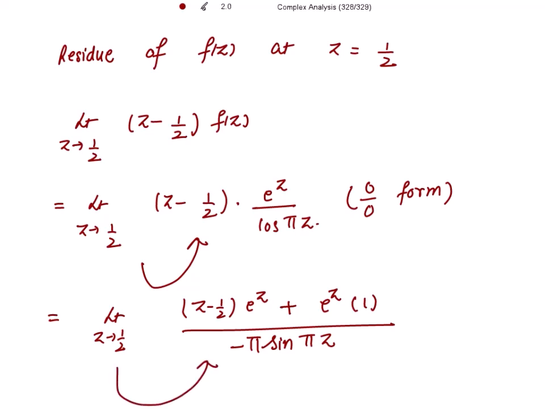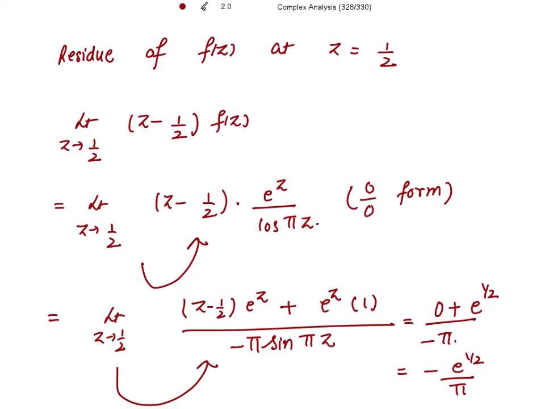Now when I put z equal to 1/2, the first term is 0 plus the second is e^(1/2) divided by minus π times sin(π/2). Sin(π/2) is 1. So we get minus e^(1/2) divided by π. This is the residue at z equal to 1/2.